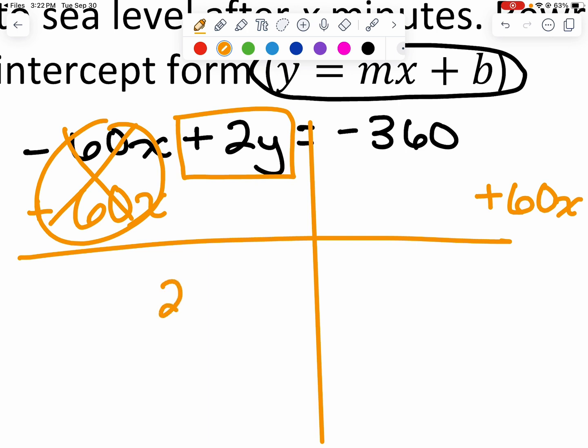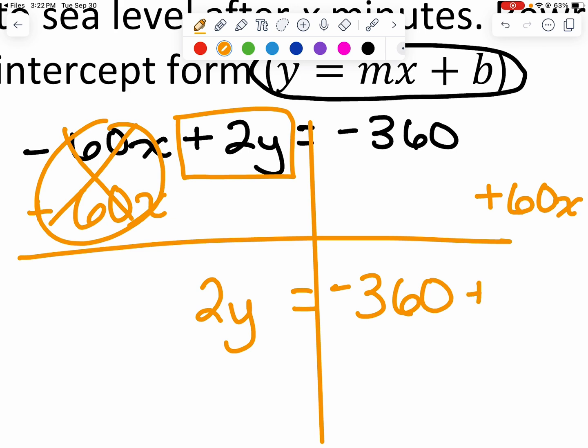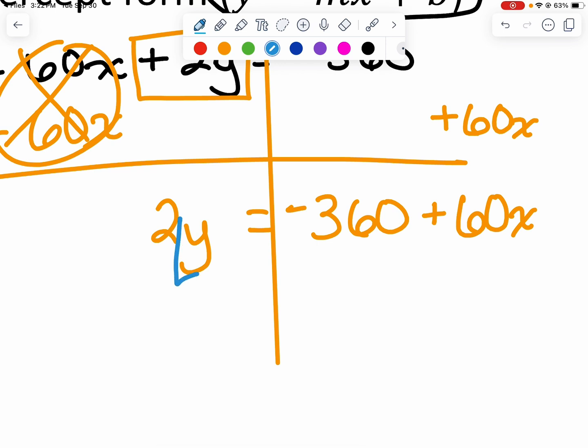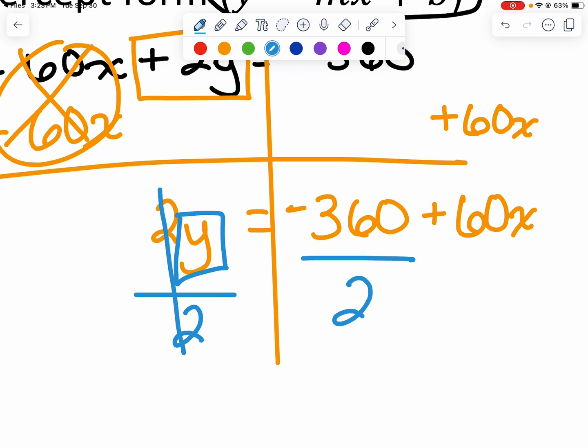Okay, so I have 2y left over on the left, and I have negative 360 plus 60x. Okay, now to isolate y, I'm multiplying by 2, so I need to divide by 2 to every term. So now I need to divide this one by 2 and this one by 2.